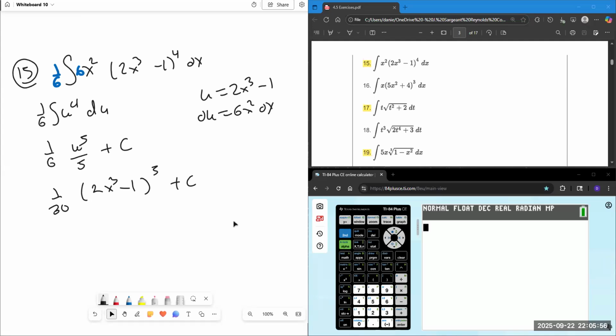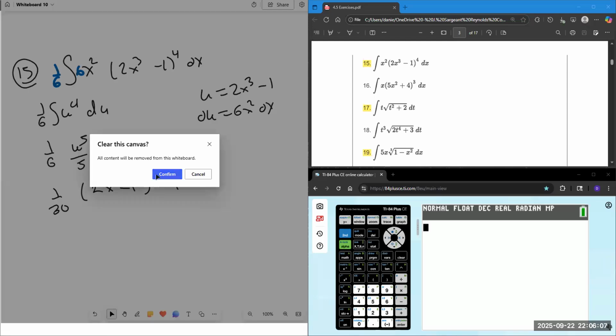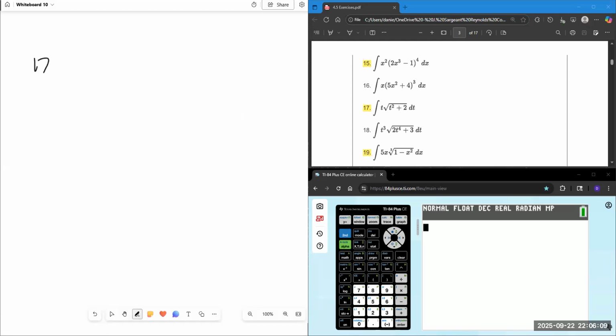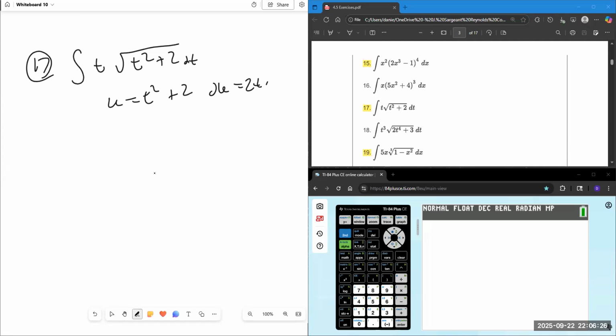Look now at number 17. 17 says the integral of t times root of t squared plus 2, dt on the end. u is my inner function of t squared plus 2. du is 2t dt.